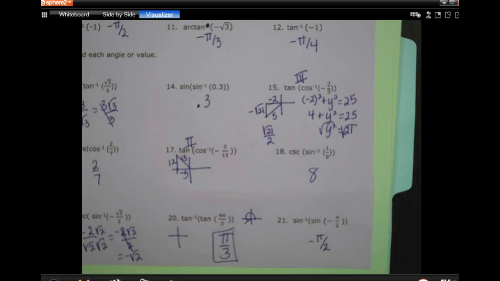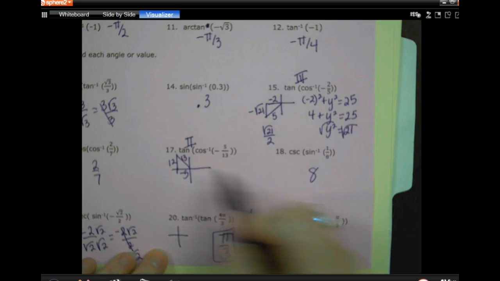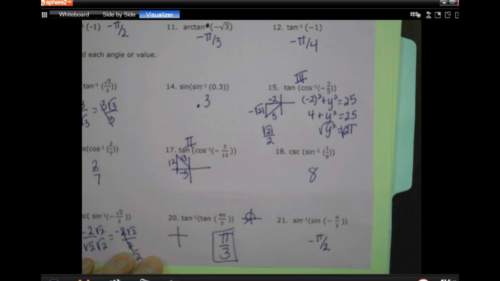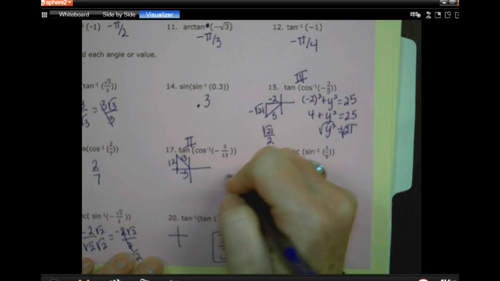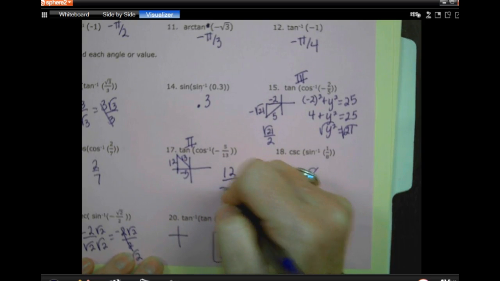You guys, you should all know the 5, 12, 13, and 3, 4, 5. If you don't, do the Pythagorean theorem. All right. So I want the tangent now. Y over x. 12 over negative 5.